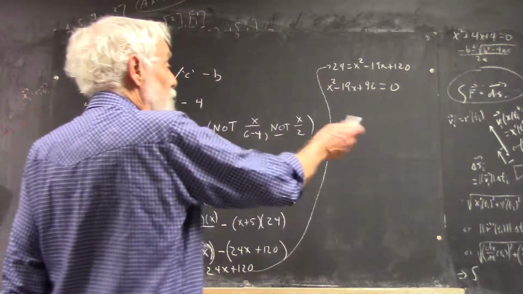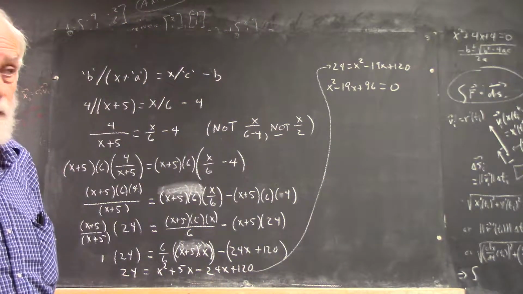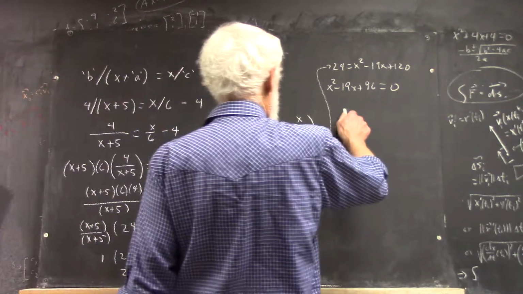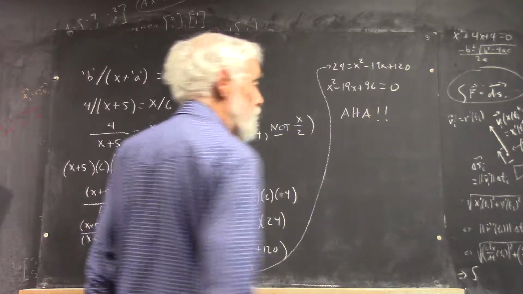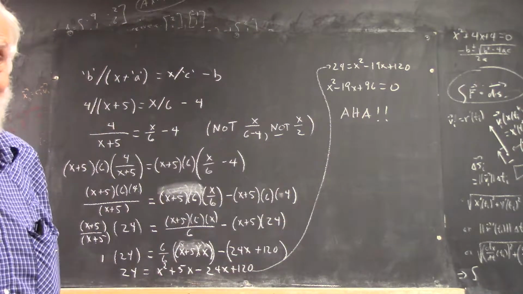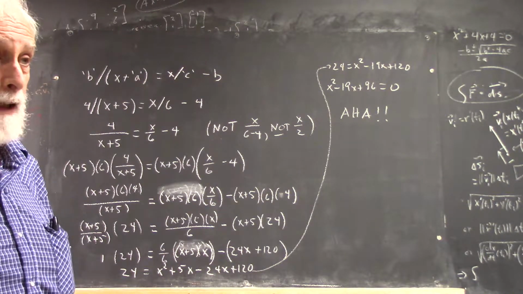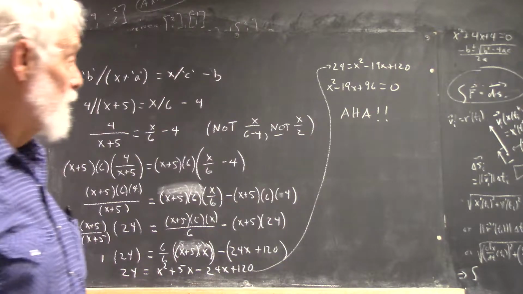Then you solve this equation. How do you solve this equation? First you say, aha, with a couple of exclamation points. That's optional, but that indicates that you've looked at the equation and figured out that it's what kind of equation? Quadratic. Yeah.